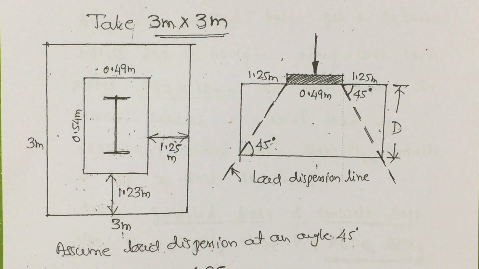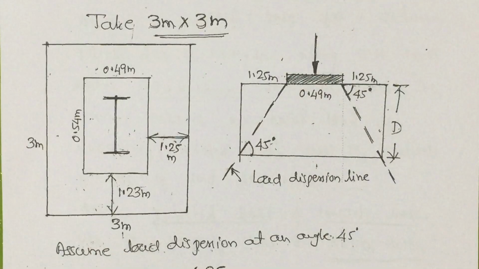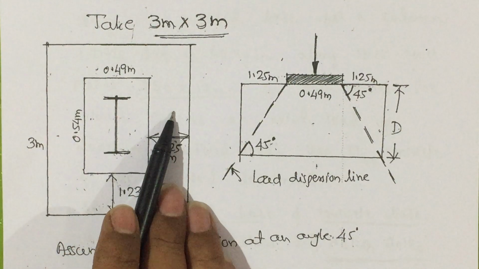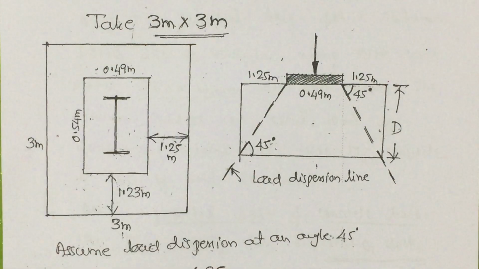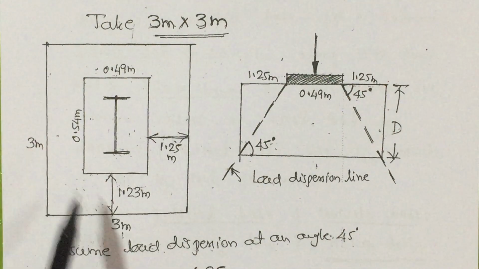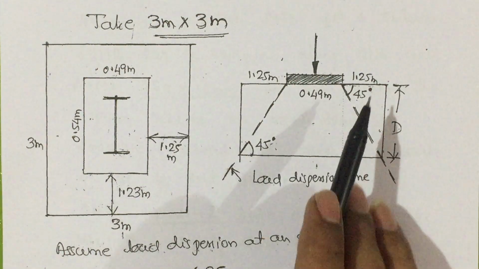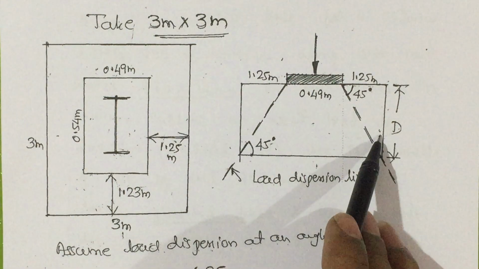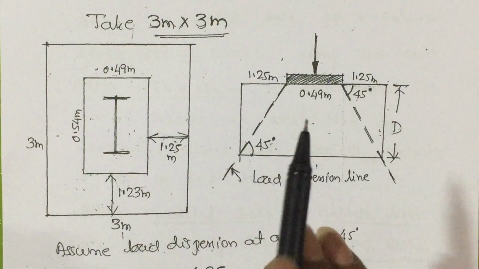So, in order to avoid that, we provide the base plate in between. So, it will avoid that direct punching action. So, column, then slab base, then concrete base. Column, slab base, we got the dimensions, then concrete base we got 3 meter by 3 meter. And this is the slab base, this is the concrete base, side view it is, and this is the projection we left out.